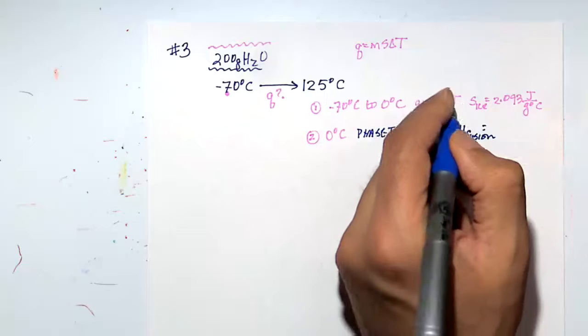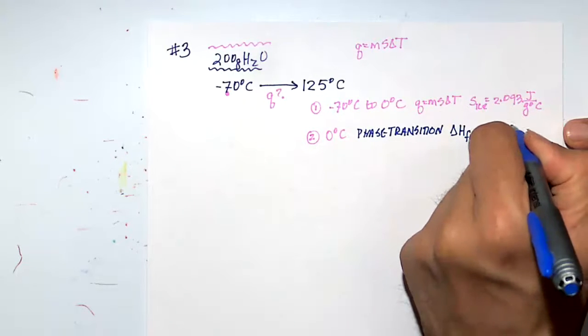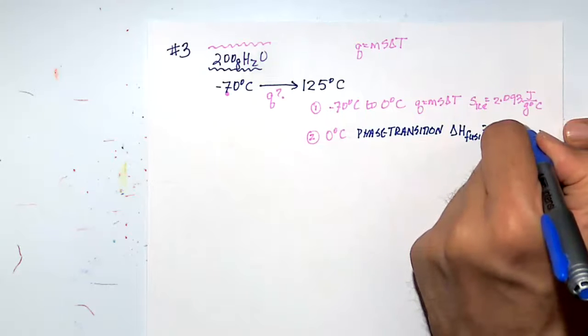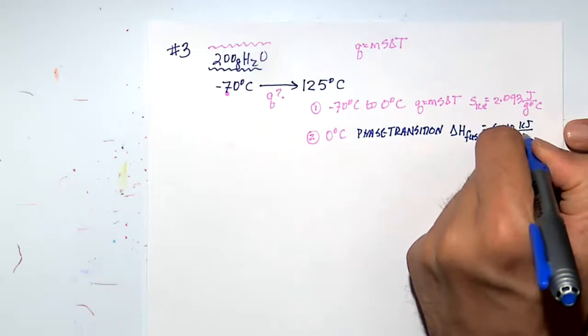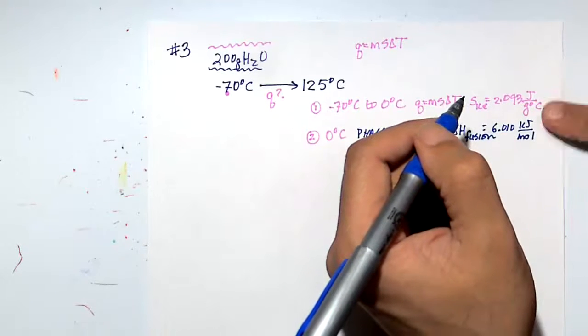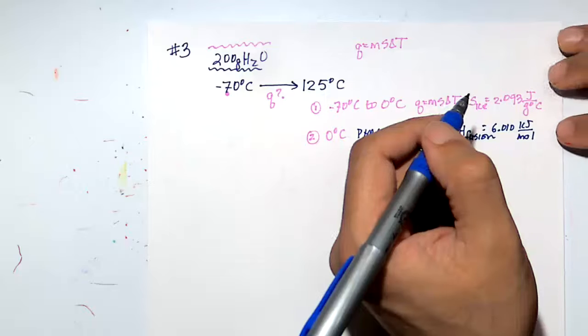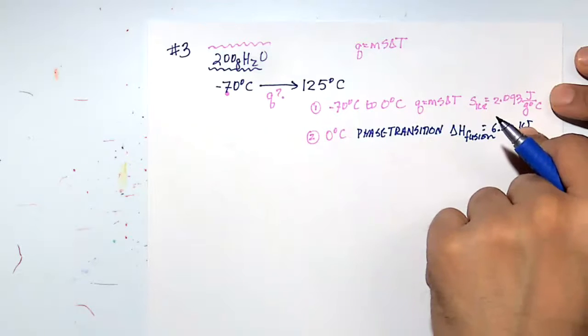Whatever that number is, I'll give that to you on the exam. But looking this up before I came here, it's about 6.010 kilojoules per mole. Okay, make sure you get it to joules per mole. Make sure when you add up your units, they all are okay, right? Kilojoules here for your constants.